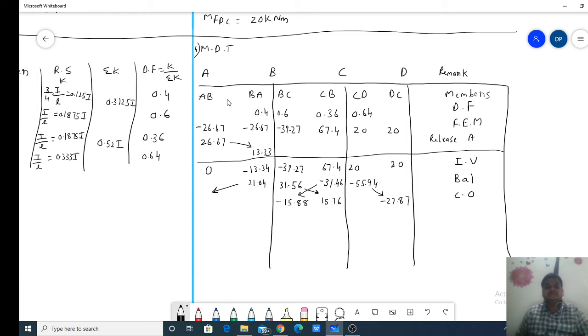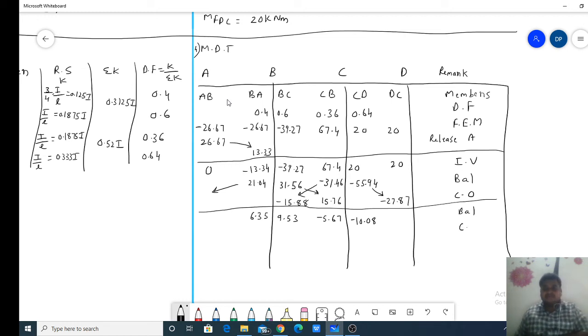Now once this is done, once again I need to do balance. So next balance will be minus 15.88 means change the sign, plus 15.88, and after this multiply 6.35, and this comes out to be 9.53. Then 15.76 means change the sign, minus 15.76, multiply with 0.36, so this comes to be minus 5.67, and this comes out to be minus 10.08, right.